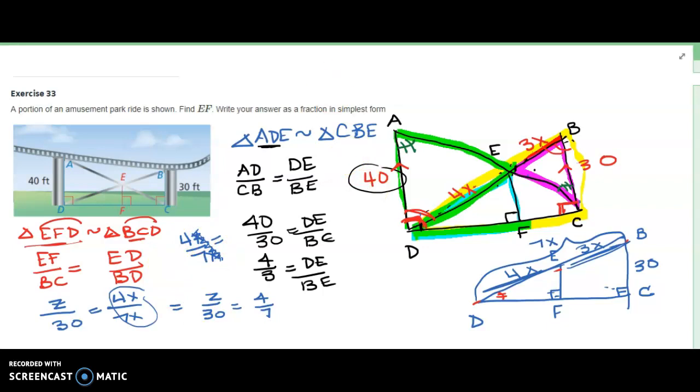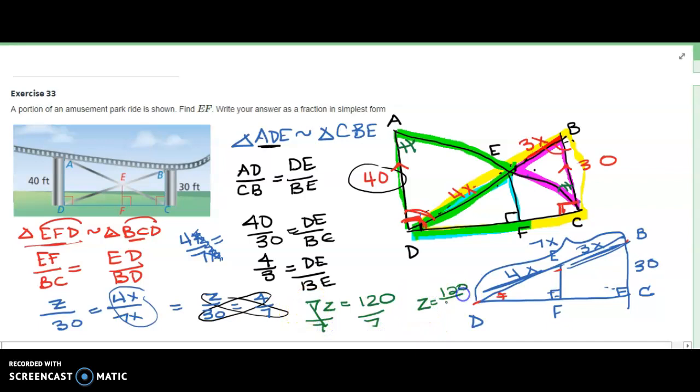Okay, well now I just have a proportion, so I can cross multiply. 7z equals 30 times 4, which is 120. Divide by 7, divide by 7. That goes away. So z is 120 over 7. Here is your final answer.